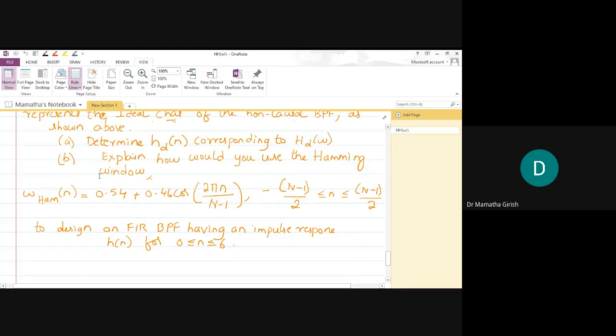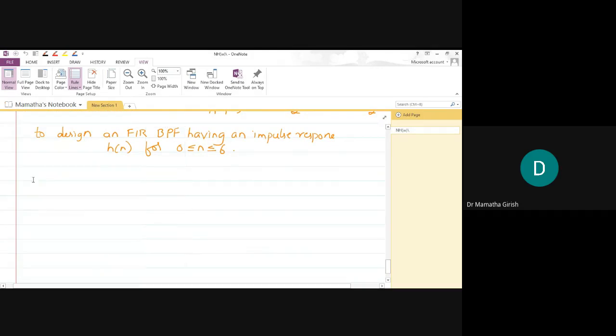What we are required to show at the end is how the same Hamming windowing function can be used to design an FIR band pass filter for the case whose impulse response h of n is valid for small n lying between 0 to 6. What exactly we are required to evaluate, we'll be able to understand better as we proceed further in the problem solution. So let's get back to the solution.